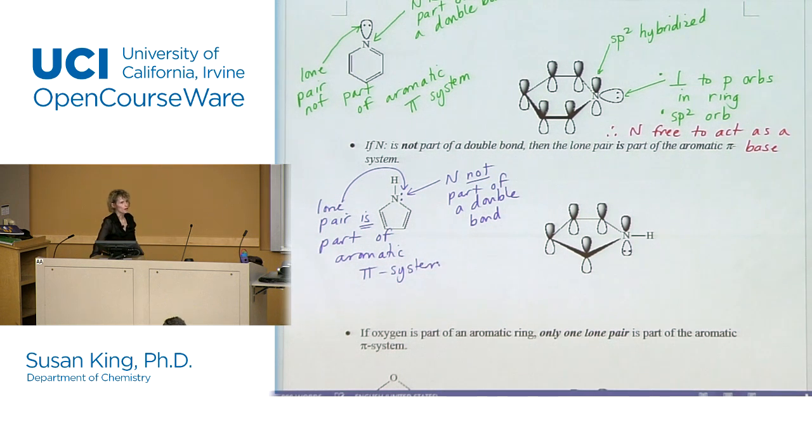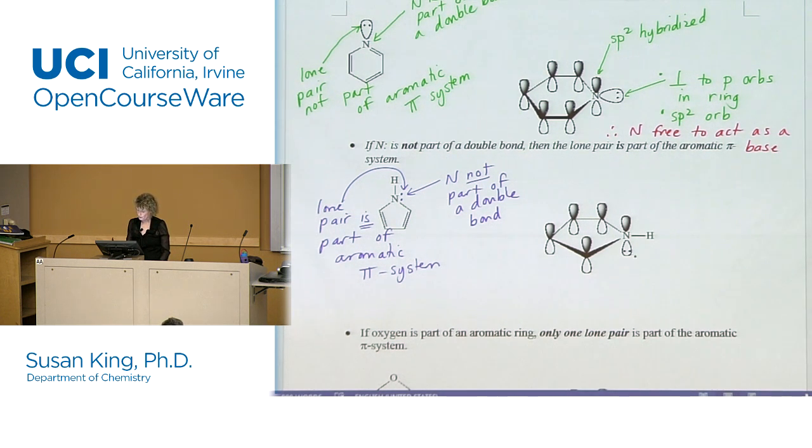So this is really not like chapter 17. In chapter 17, you were deciding whether that was aromatic or not. Now we're telling you it's aromatic and saying, okay, the fact that it's aromatic, what does that mean about that lone pair? That lone pair is tied up making this ring aromatic.